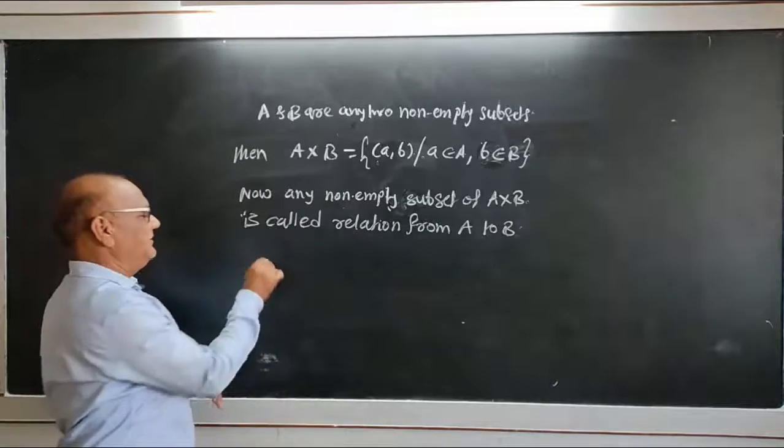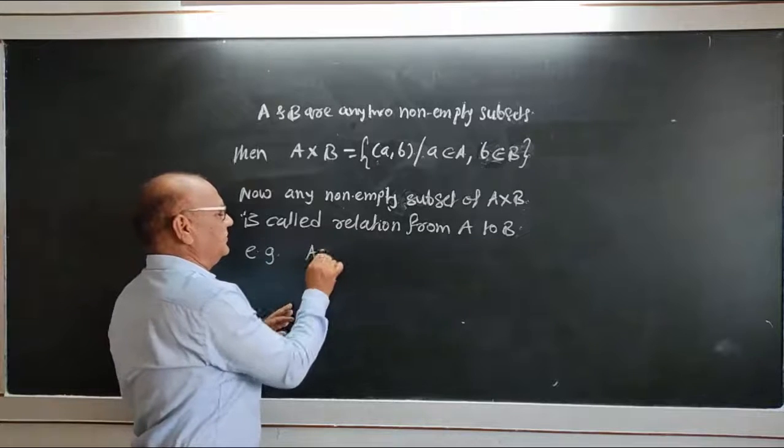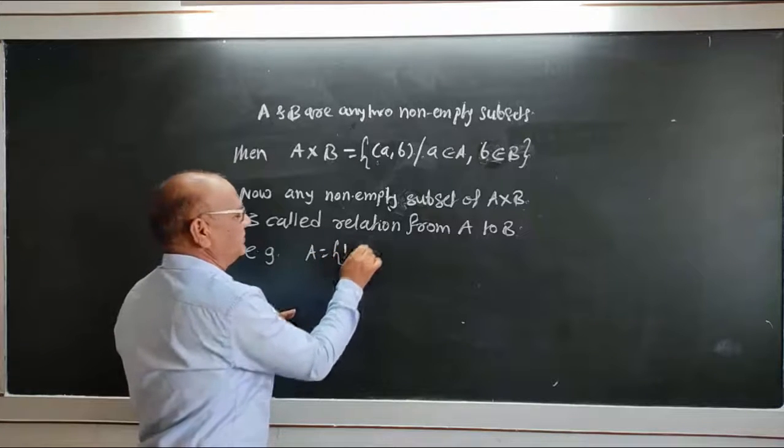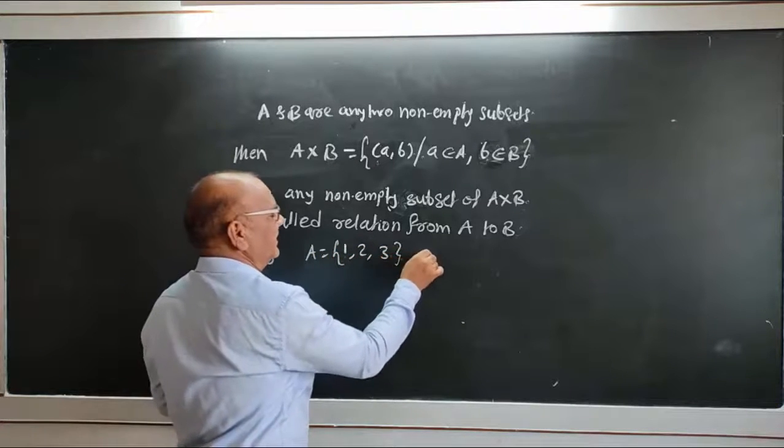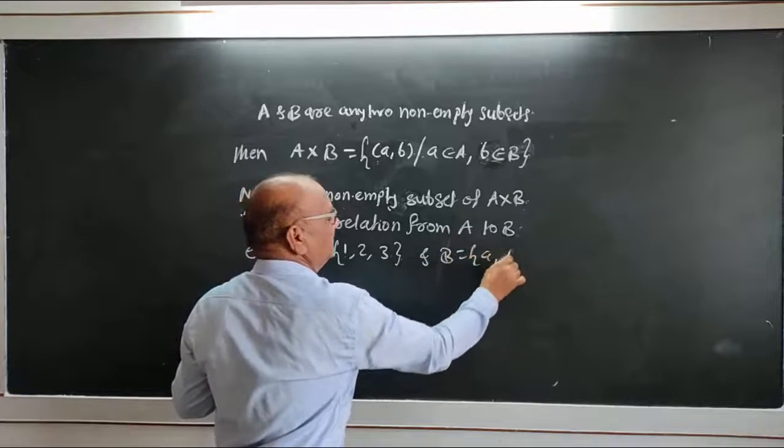Let me see, for example, A is equal to {1, 2, 3} and B is equal to {a, b}.